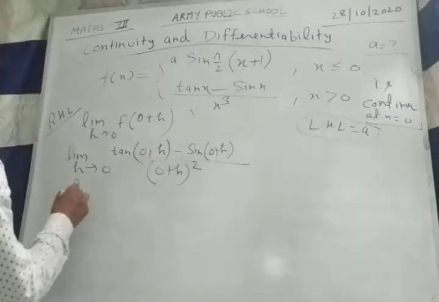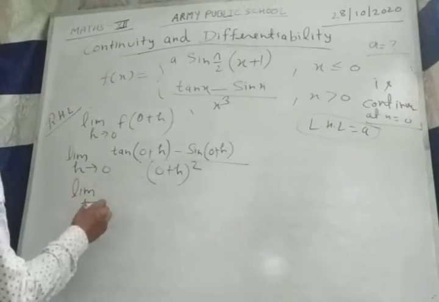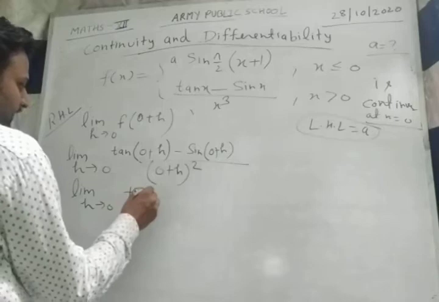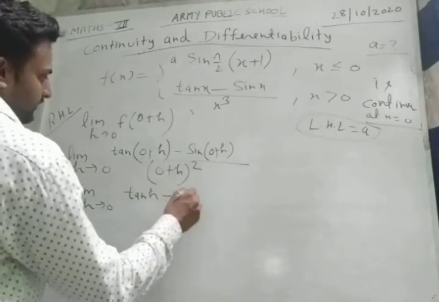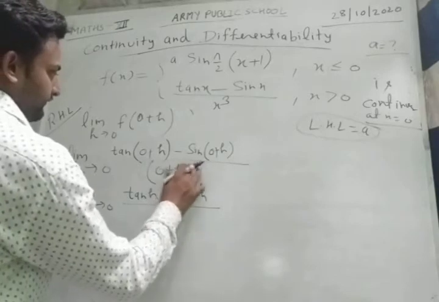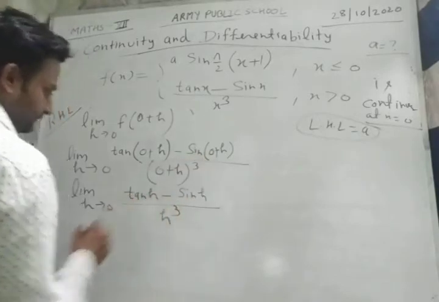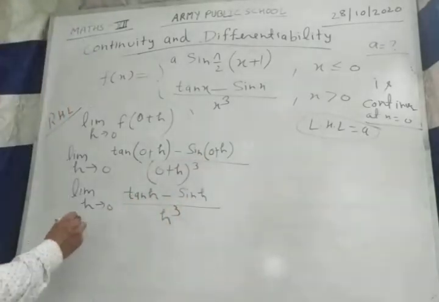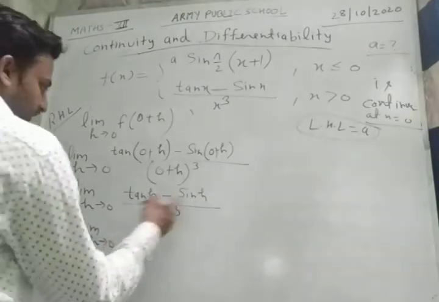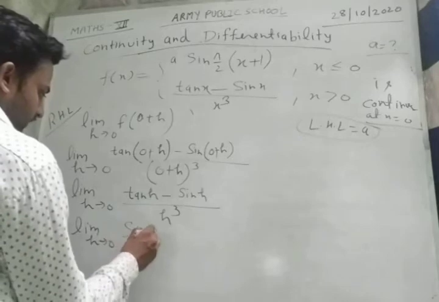Now limit h tends to 0. It will be tan h minus sin h divided by h cube. Now limit h tends to 0, we take sin h outside.